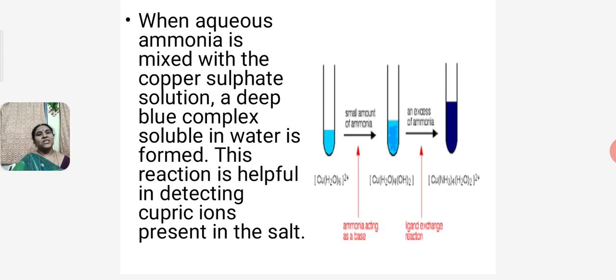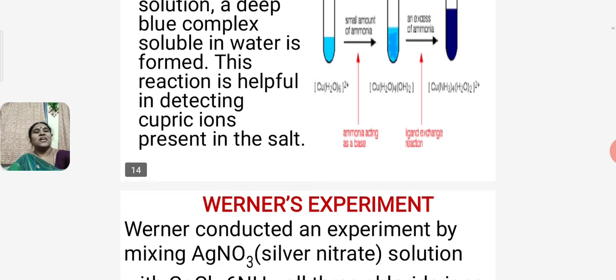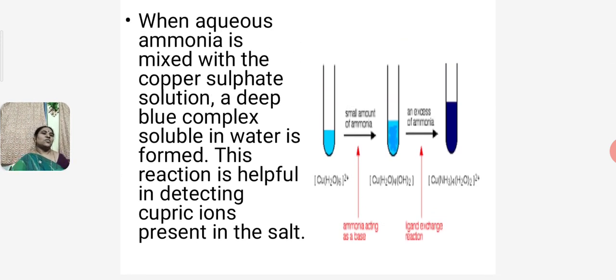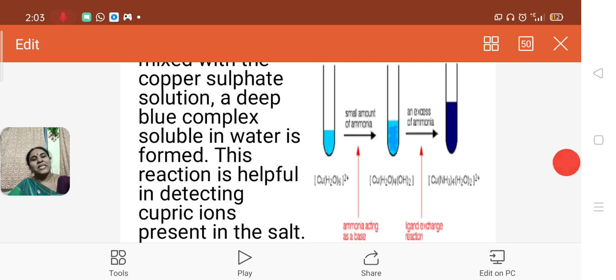Here also complex forming ability is used in the detection of Cu2 plus ions. So these are some of the applications of coordination compounds. We will be learning about many more applications in our present chapter later on.